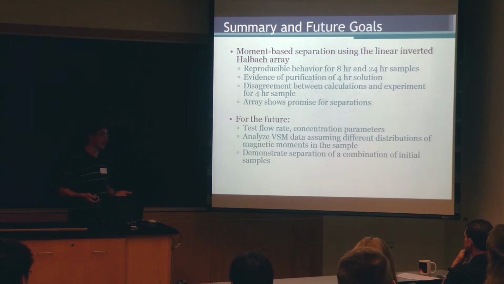For example, we're investigating a gamma distribution or a distribution based on the small change in size between the particles. And finally, we plan on demonstrating a separation of a combination of two of the different solutions of the initial samples. Thank you.